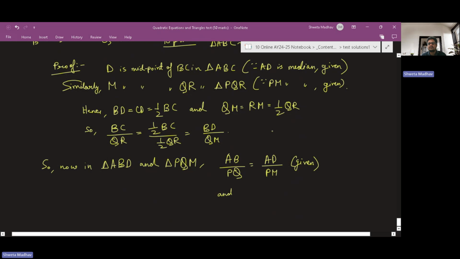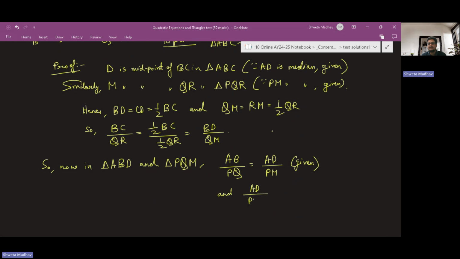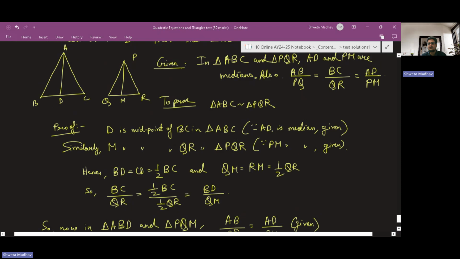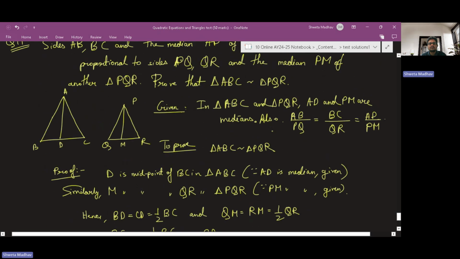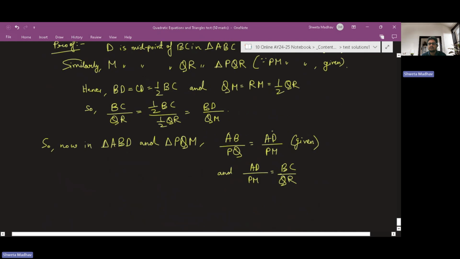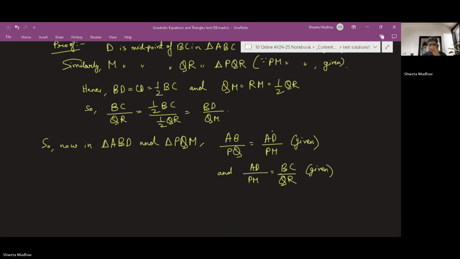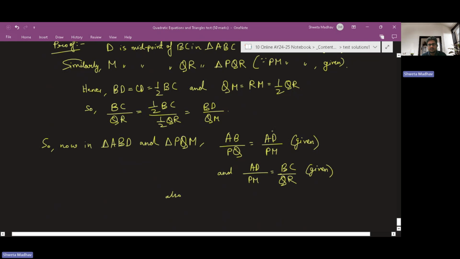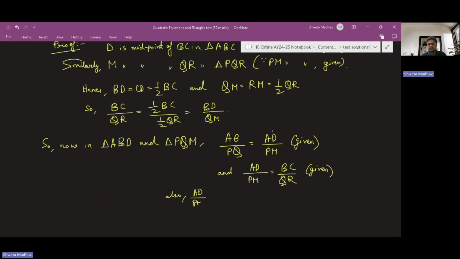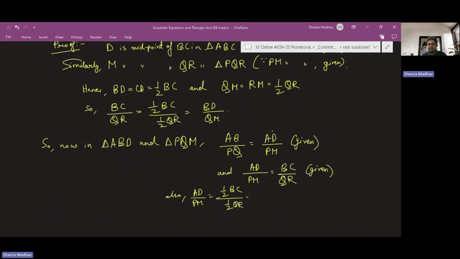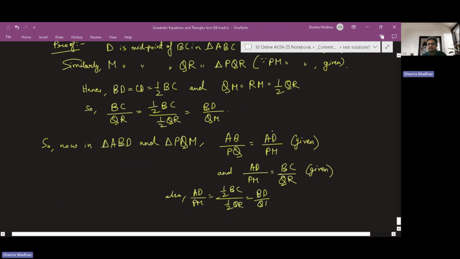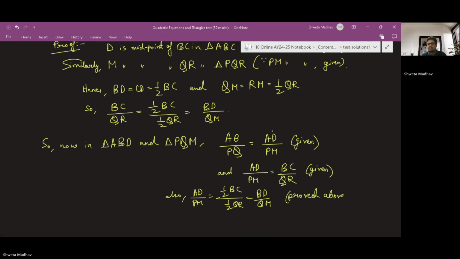And also AD by PM is equal to EC by QR, which is also given. And also AD by PM will be equal to half of BC by half of QR, which is equal to BD by QM, which is proved above.